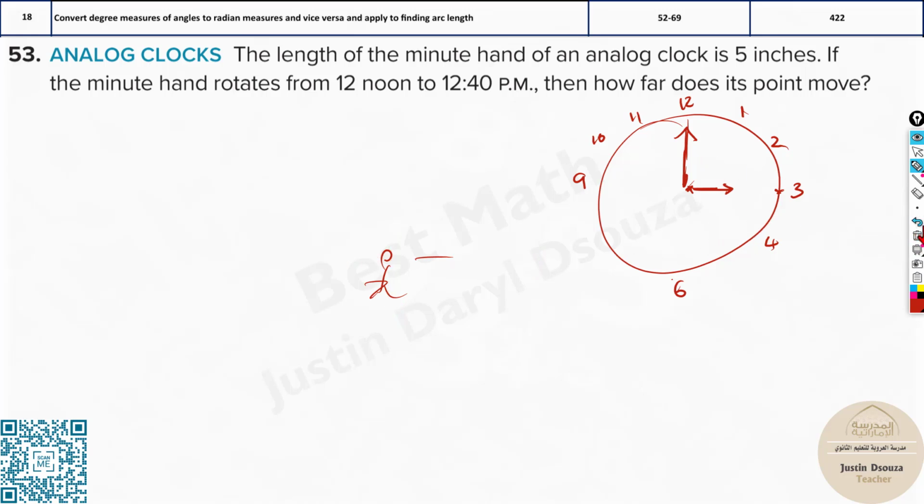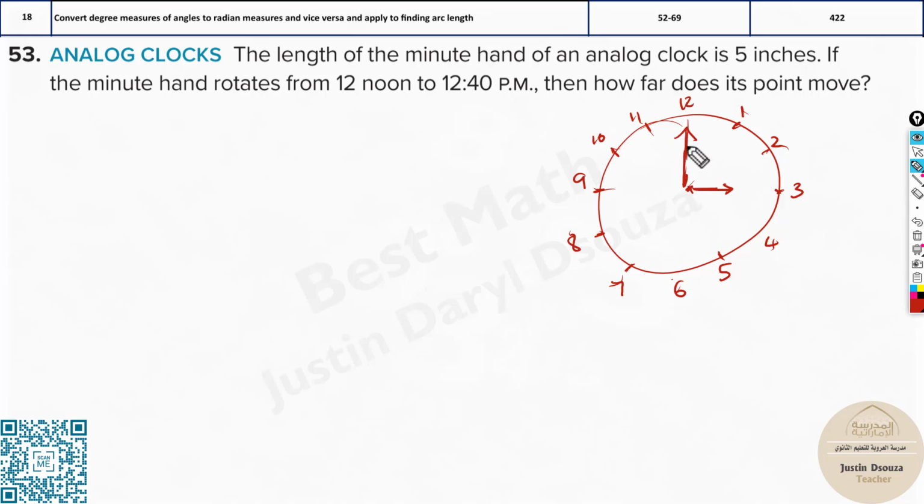So now here, since this problem requires the minute and the hour hand, let's just plot all the clock timings, 7 and 8. It may not be very accurate, but just the gist of it. Now these are all 5 minutes, isn't it? And here, the minute hand is how much? 5 inches.